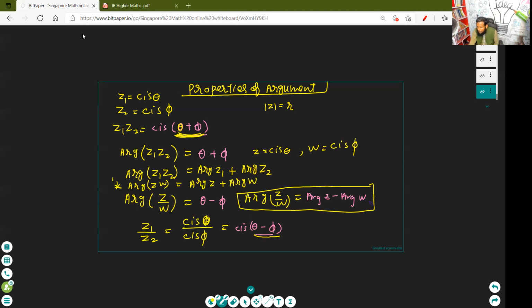Remember these formulas. There is also another formula you should remember. The argument of Z raised to power n is n times argument of Z. Clear? This is De Moivre's theorem.